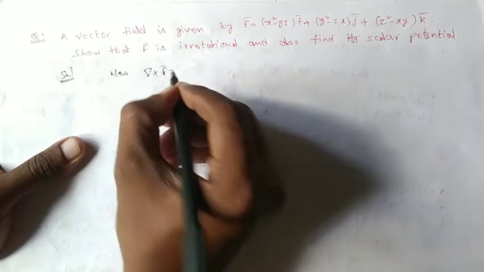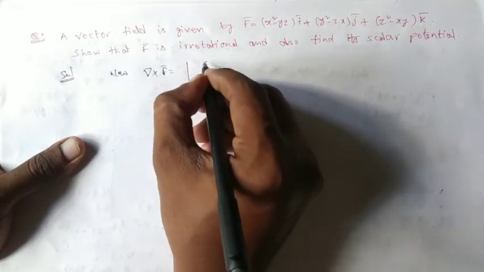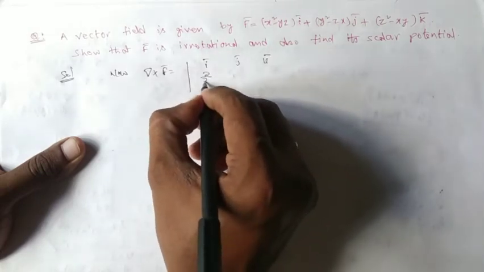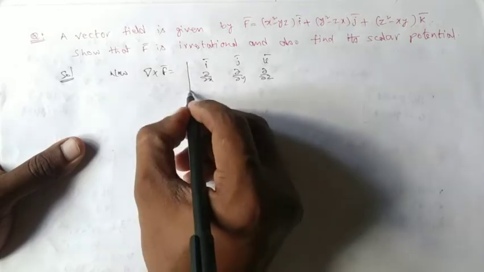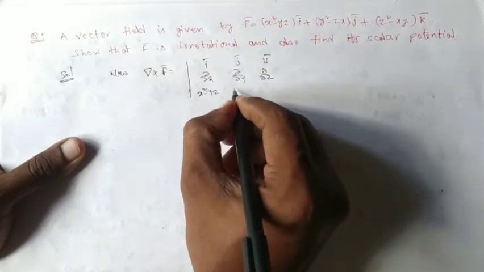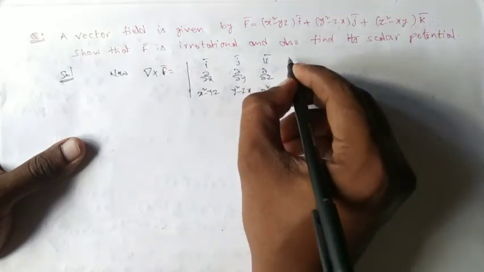Now, del cross f̄ equals the determinant with ī, j̄, k̄, ∂/∂x, ∂/∂y, ∂/∂z, and the components of this function: x² minus yz, y² minus zx, z² minus xy.